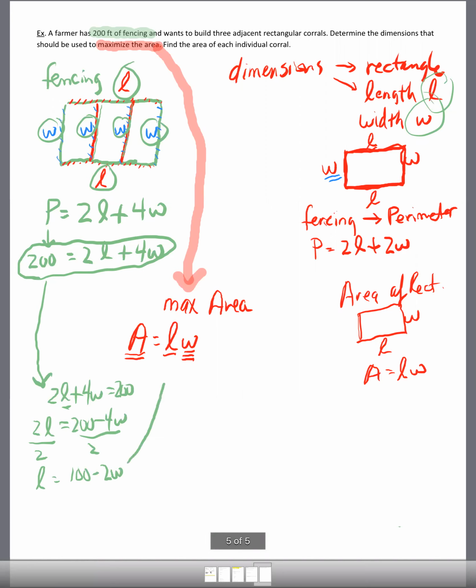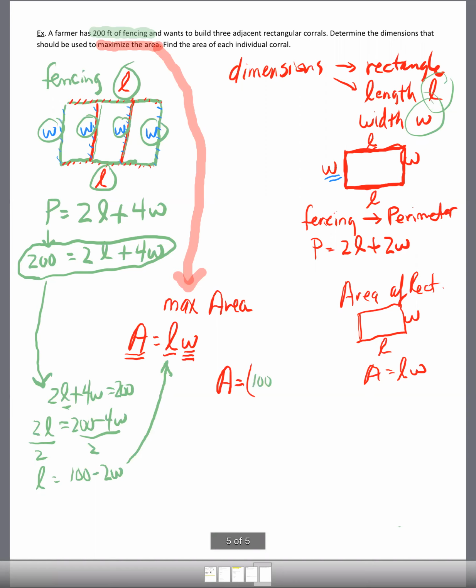This L will change into a W, because L is equal to 100 minus 2W for our corral. Our area formula then, A equals, I'm going to put my L in here. I'll use the same color so you can kind of follow it.